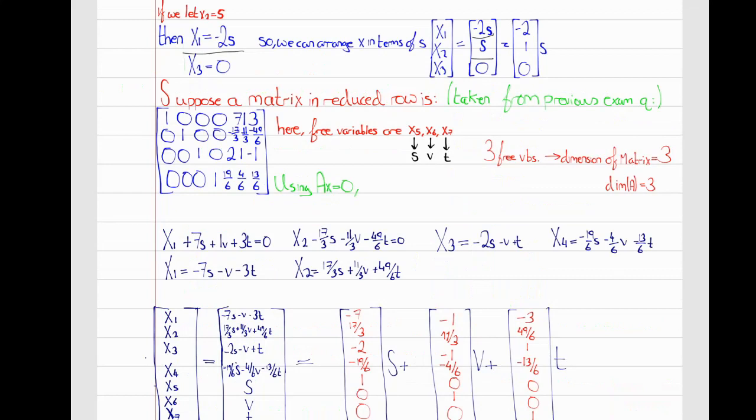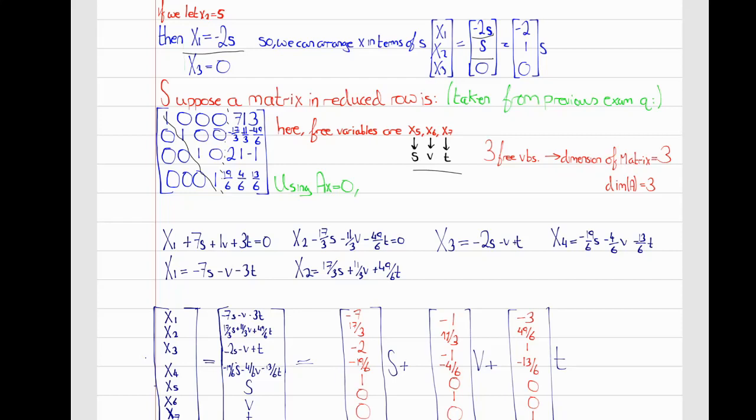Here's a particular example that's much, much larger. All these along this diagonal are pivots. Everything on this side of the dotted line, past the pivots, are free variables. So using AX equals 0, we're going to let x5, x6, and x7 equal s, v, and t.